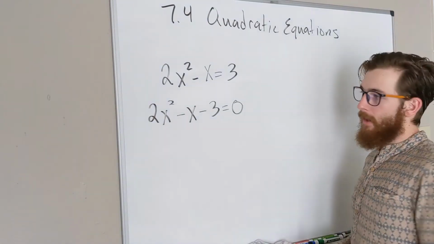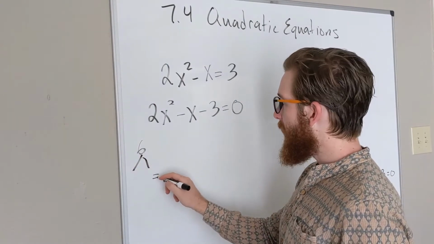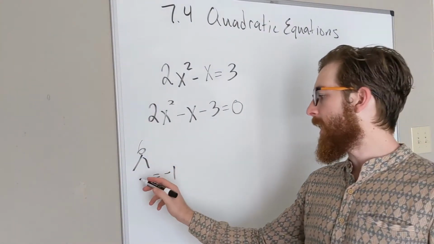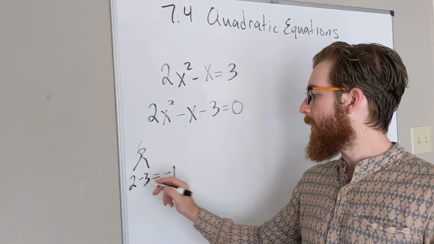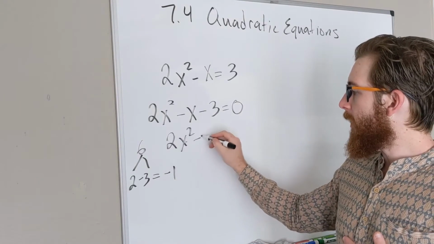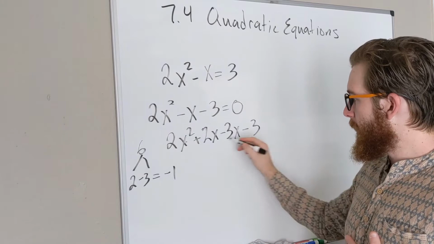Remember, we have a times c, which is negative 6, and we want factors that add to negative 1. What are the factors of 6 that could give me negative 1? 2 and negative 3. So I can rewrite this as 2x squared plus 2x minus 3x minus 3.